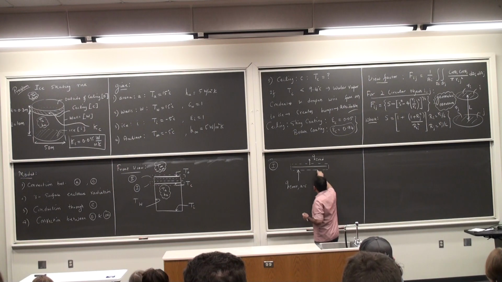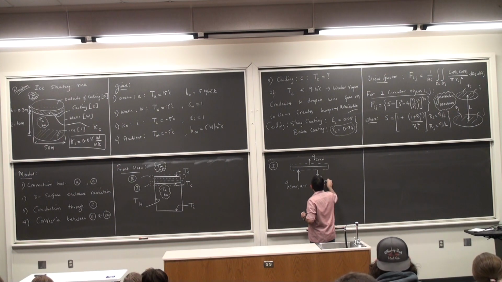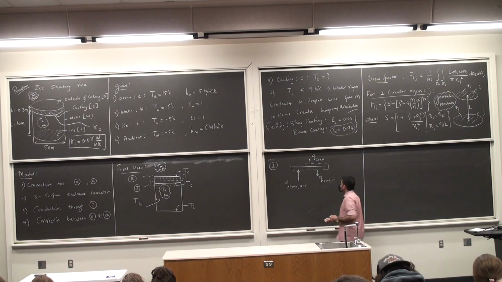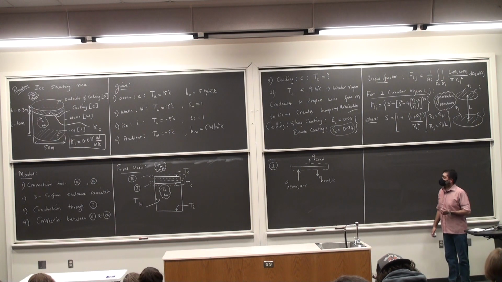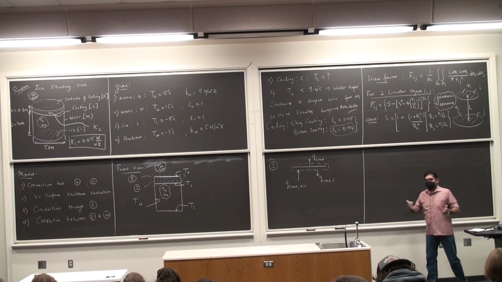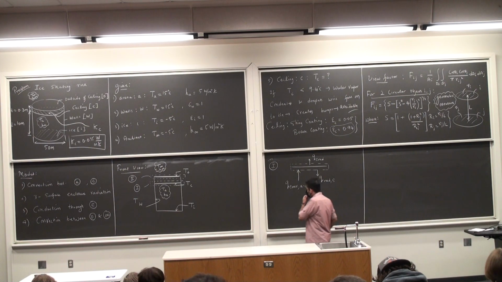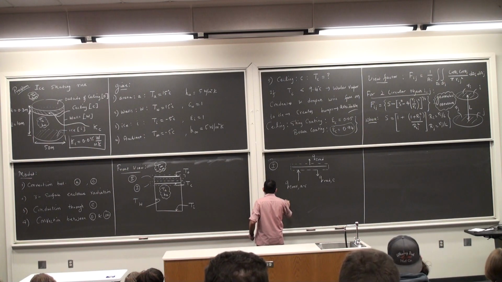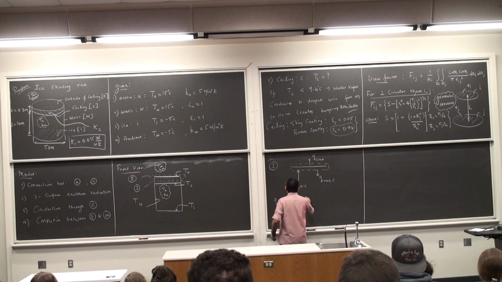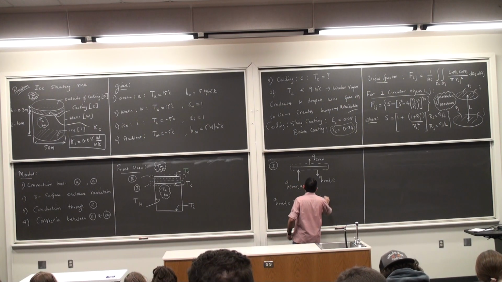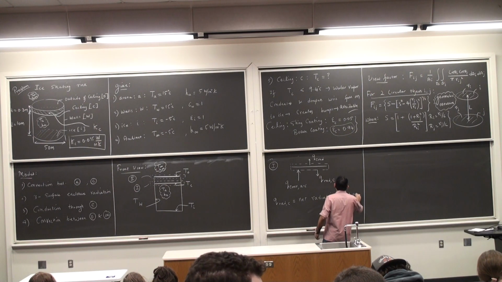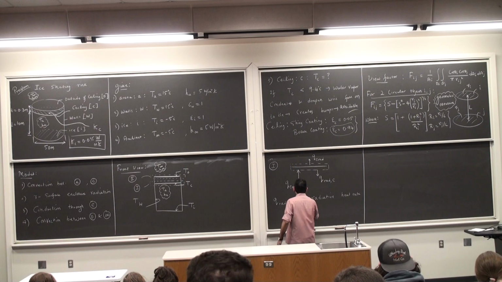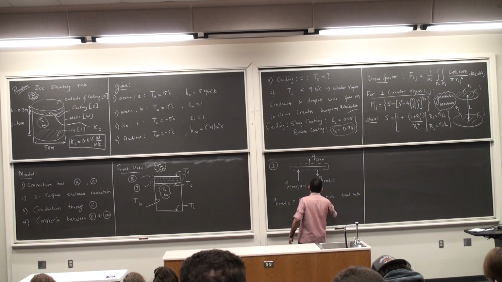I'm just going to call it Q radiation C. This is the net radiative heat transfer rate from the ceiling, coming out of the ceiling, to surroundings.